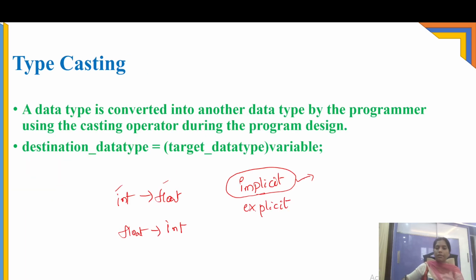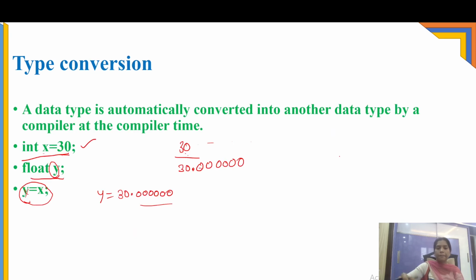But if you want to do the reverse, like float x equals 30.00, int y, and we assign the float into the integer. In float we have extra zeros, but in int it will store only the integer part. The digits after the decimal point will be discarded, right?